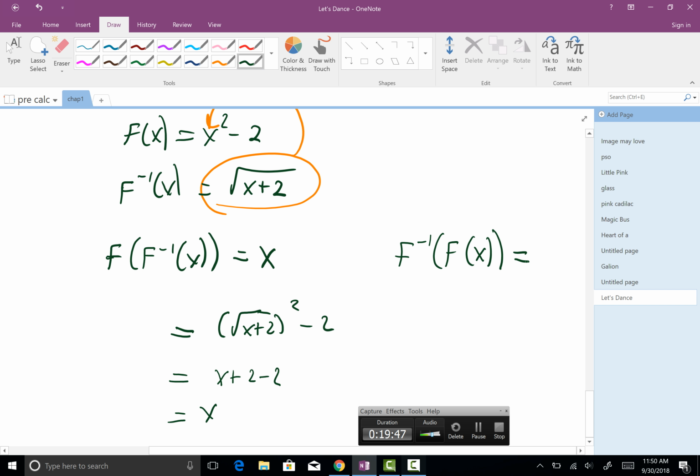In other words, we have to have f of f inverse and f inverse of f in order for it to work. So now I'm going to take this x squared minus 2 and put it in there. 2 minus 2, gone. Square root of x squared is x. So thus it works. All right.